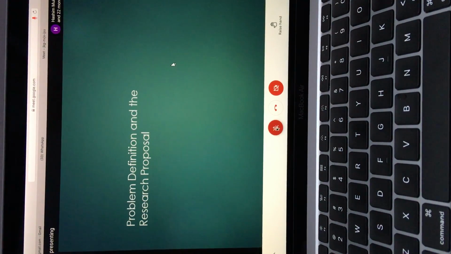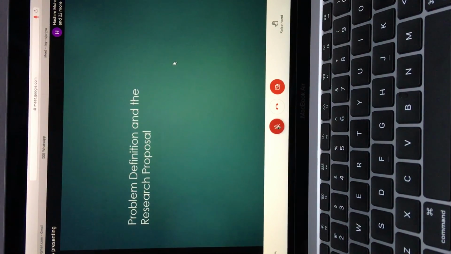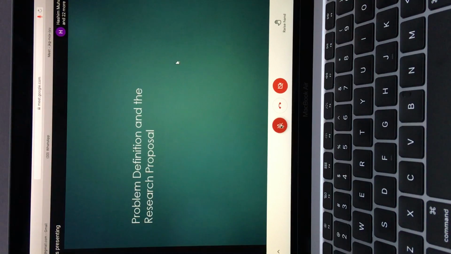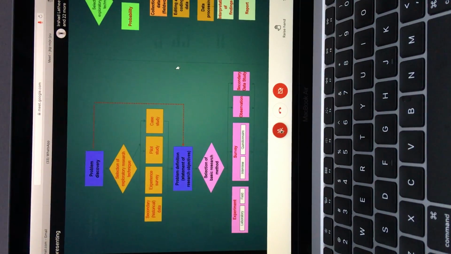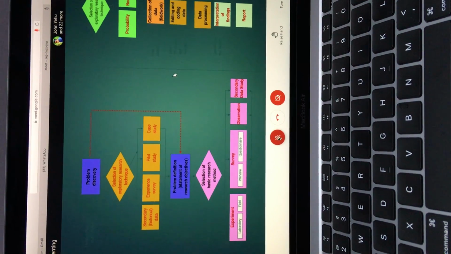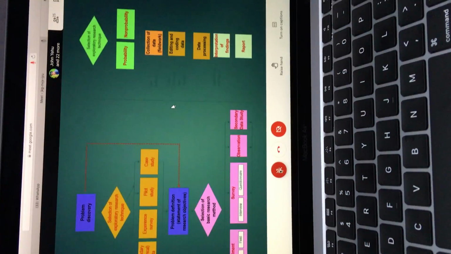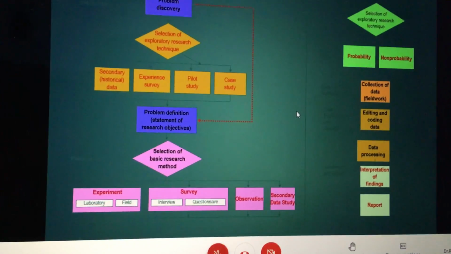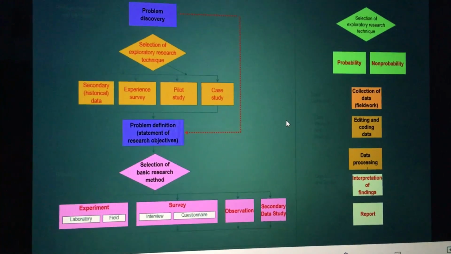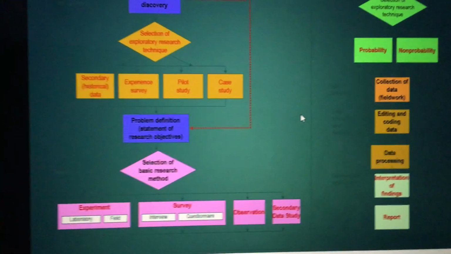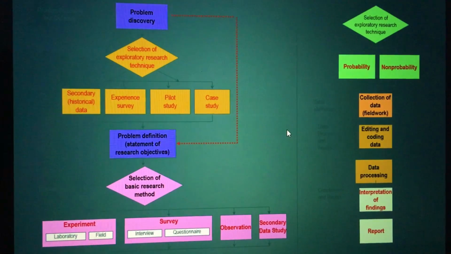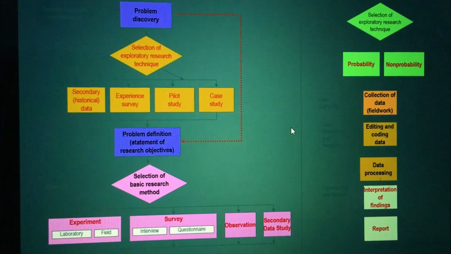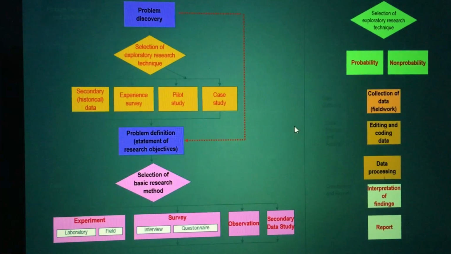Okay, and the process will start with the problem definition, and then we will go on to basically the research, the data collection methods, and after collecting data you will edit, and you do the data editing, then you process the data, you analyze the data, then we come to the conclusion.